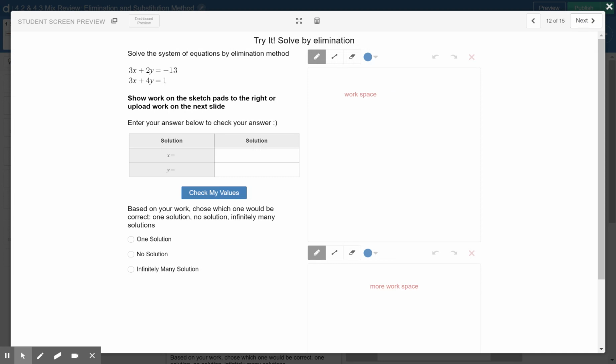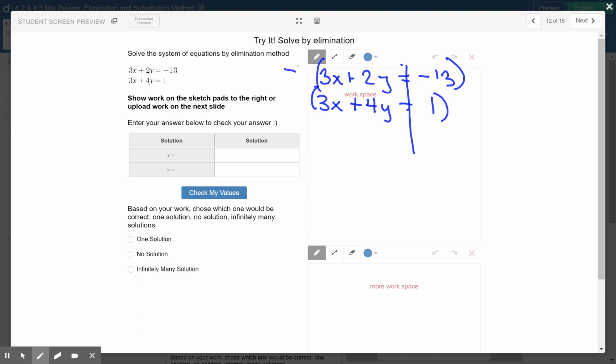All right, for this equation, notice that it says elimination. And one way of telling is that they're both in standard form. So the x's and y's line up, and so do the constants. So if you needed to draw that wall to keep yourself organized. Now we can multiply by negative 3 and multiply the bottom by 3.